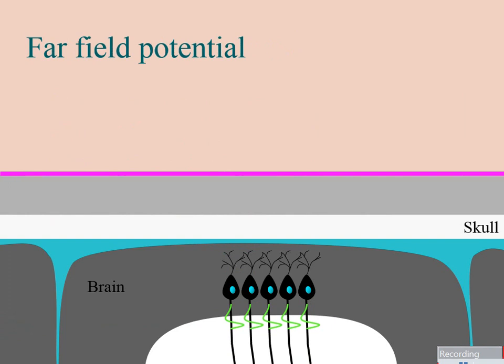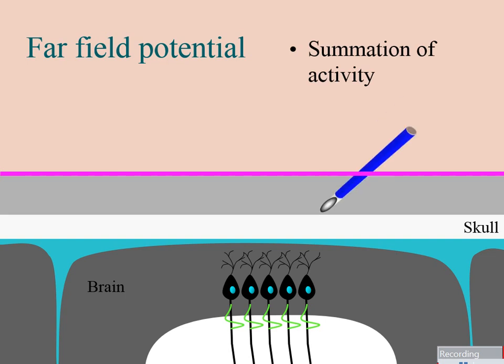Now, when we're recording the electroencephalogram, we're even farther from the action. We're out there in the subcutaneous tissue or even on the skin, very far removed from the action. The cortical neurons tend to be organized in columns with the axons going away from the surface. And so the action potentials are actually going away from our electrode, not underneath it.